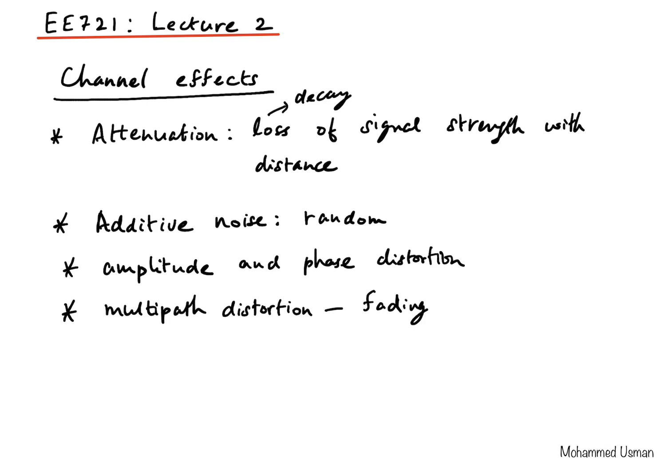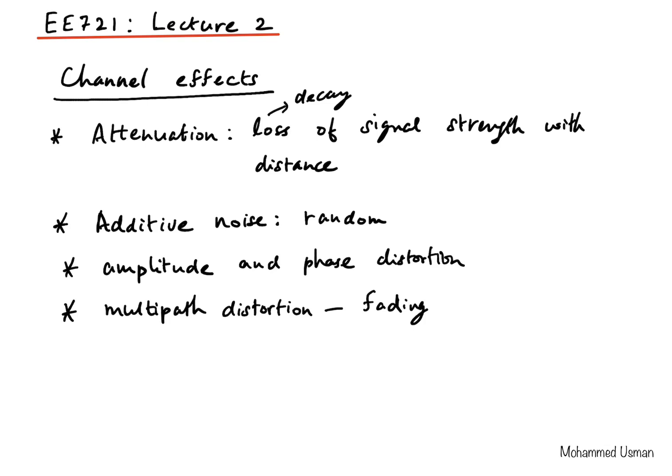So these are some of the effects that can happen on a communication channel when a signal propagates through it. When we design a communication system, we need to make sure that we're able to deal with all these effects, so that the signal that is received and recovered compensates for all the effects that have taken place on the channel. Now, when we transmit a signal through a communication channel, there are also a few constraints.